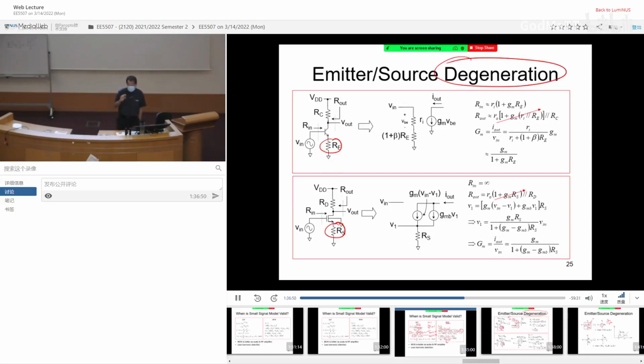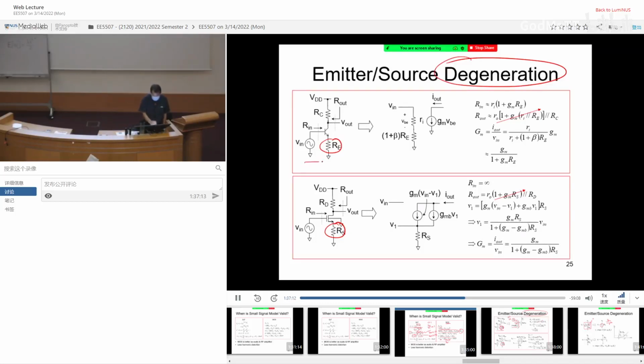In fact, this is some sort of local feedback. We mentioned that before. You insert the resistor, you are providing a feedback to the input, a series feedback. And the good thing, it boosts the impedance. That is one thing. Second thing, it improves the linearity. Feedback improves linearity, you all know.